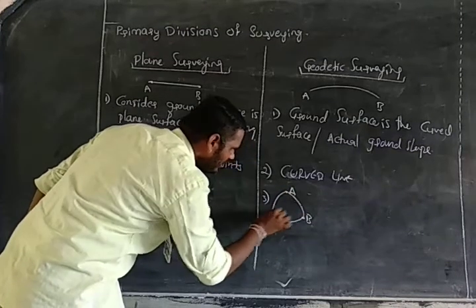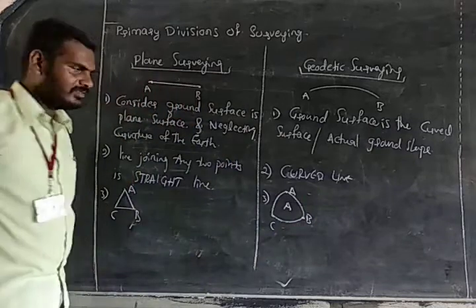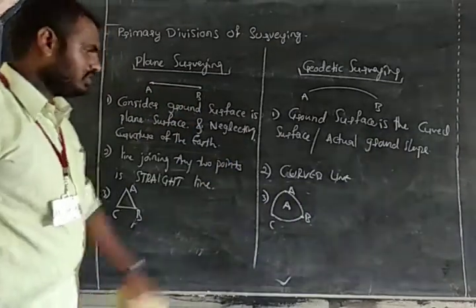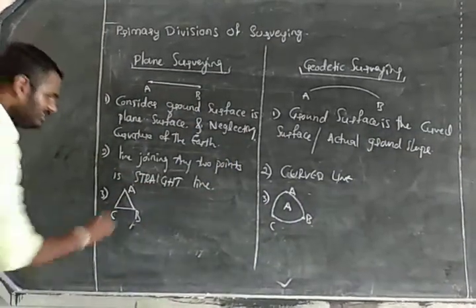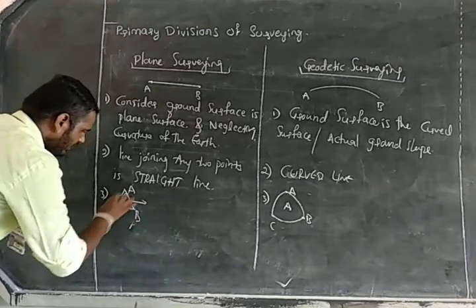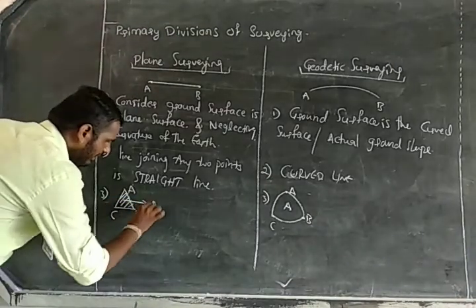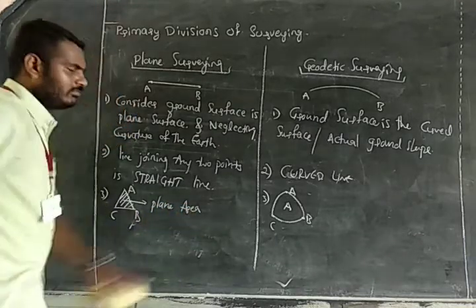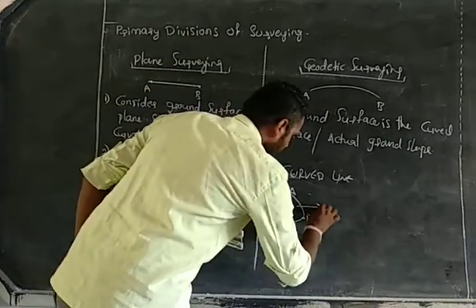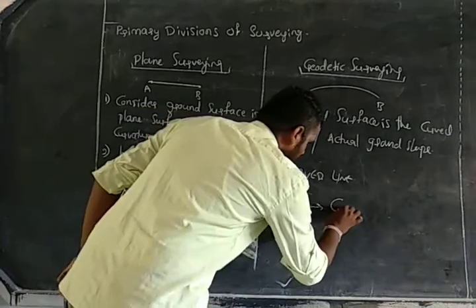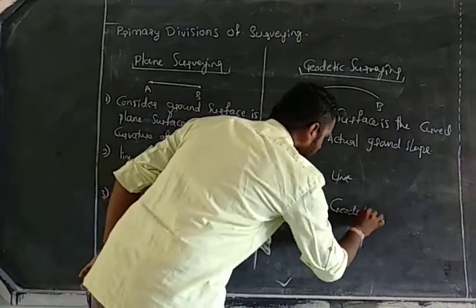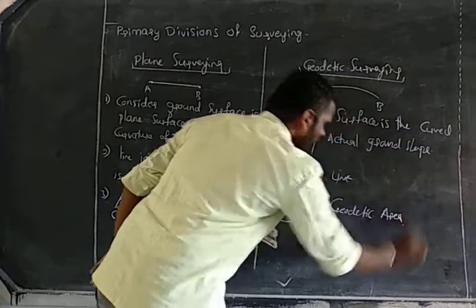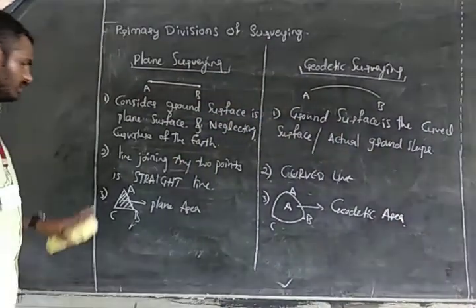So this area is termed the plane area, whereas here this area is the geodetic area.